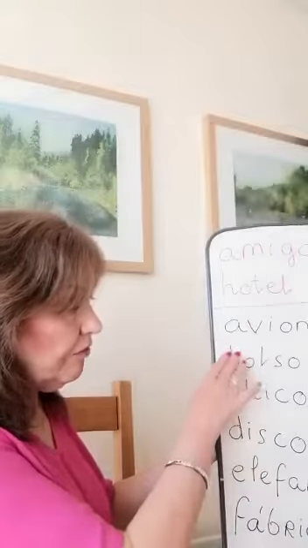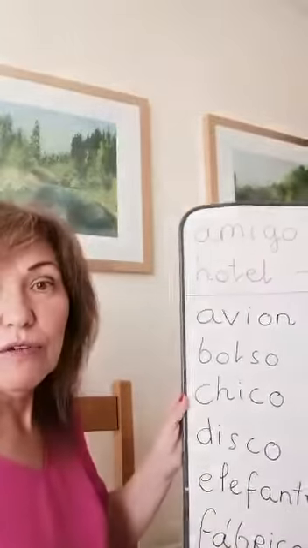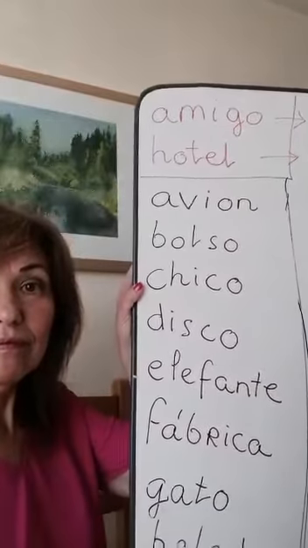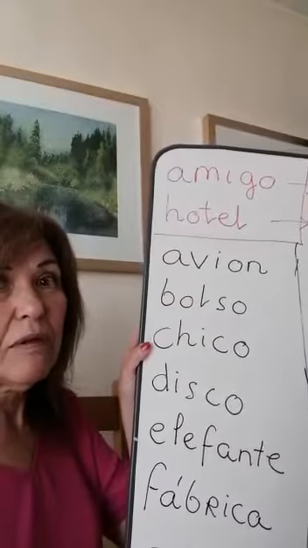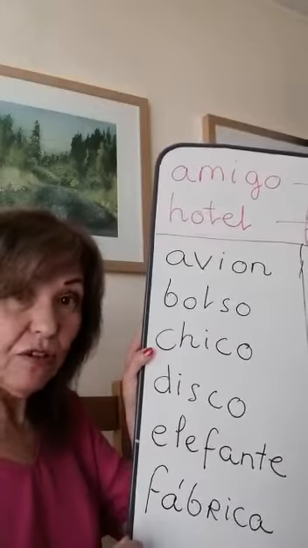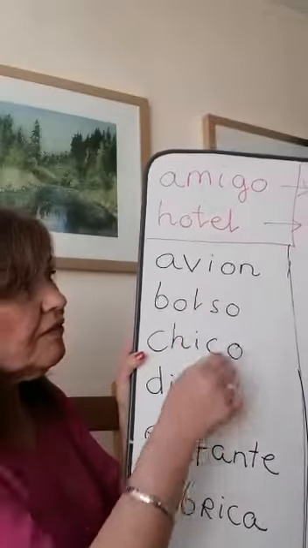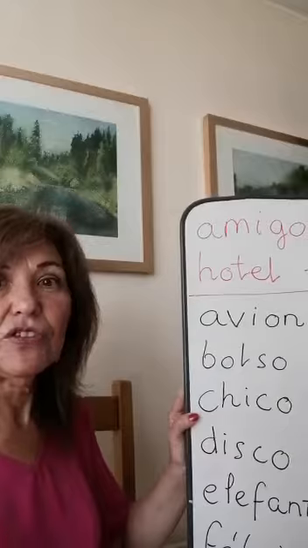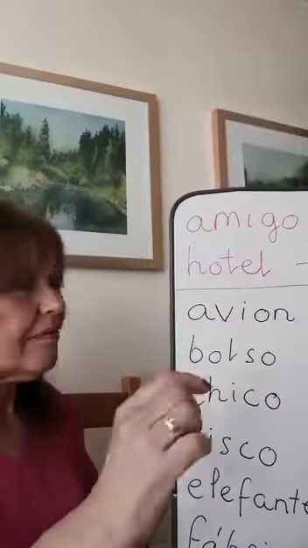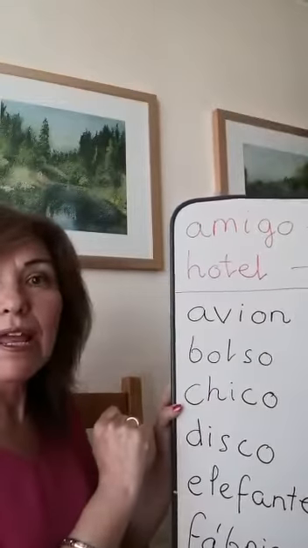So first of all, I'm just going to read these ones in the board for you, and we're going to as well remember at the same time the pronunciation guide. So the first one we have there is self-explanatory in the page. Avión, yes, an aeroplane.